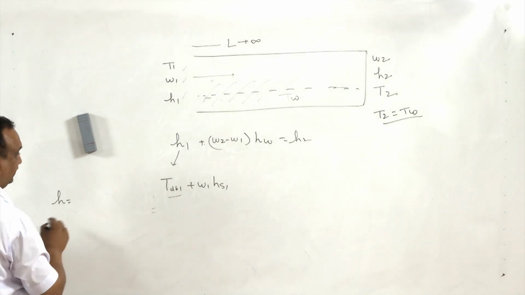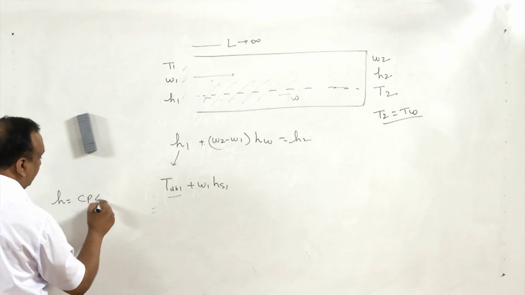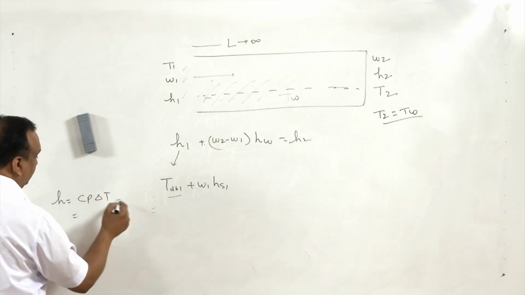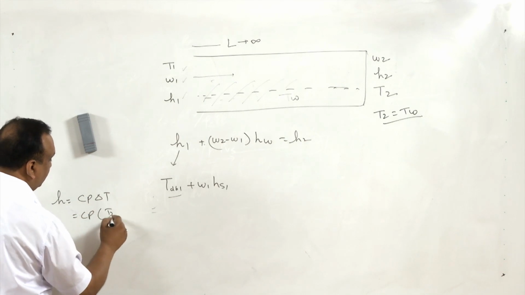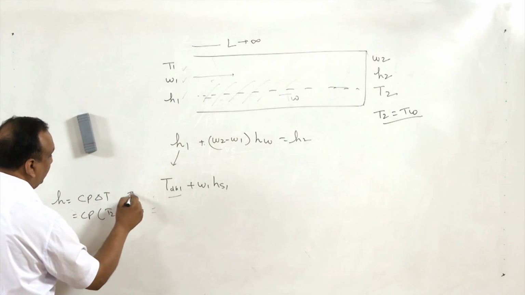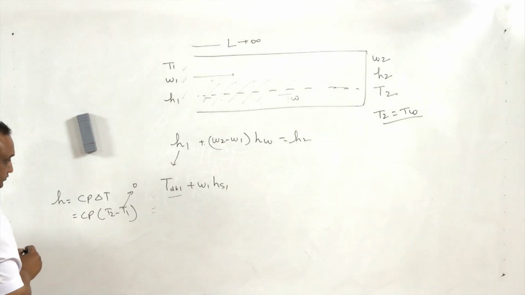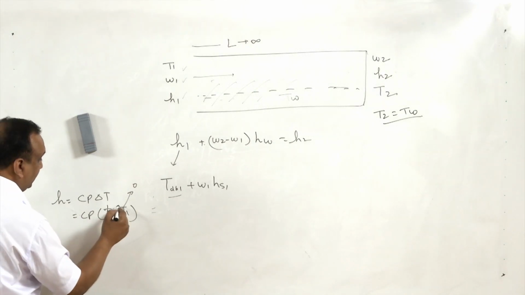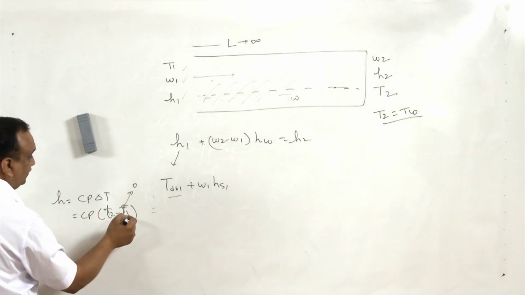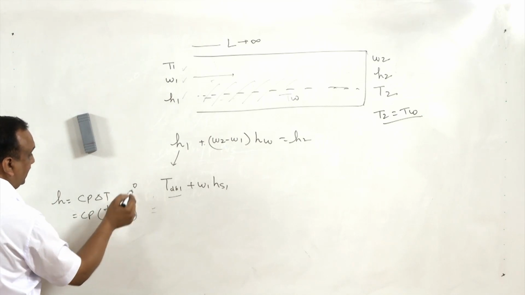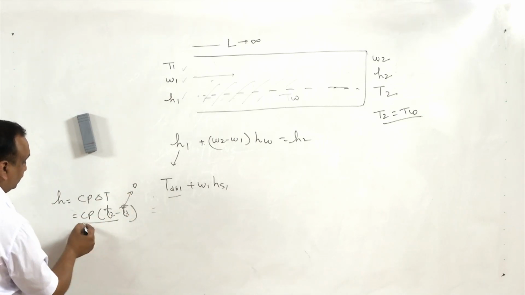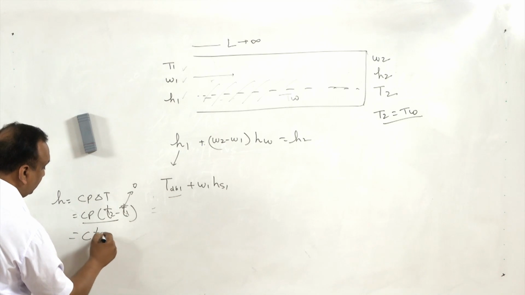Change in enthalpy is Cp delta T, that is Cp times T2 minus T1. Here T1 we are assuming to be 0, so this is temperature in degree centigrade. So the enthalpy at temperature T1 is assumed to be 0, and it becomes Cp T2.